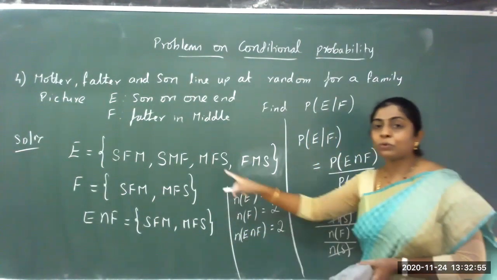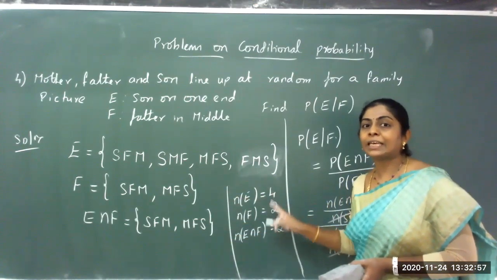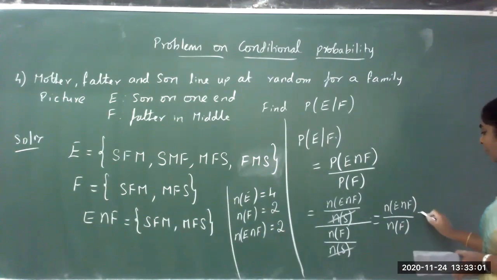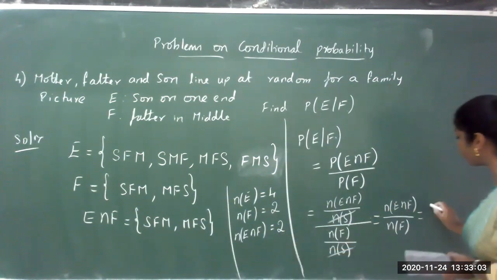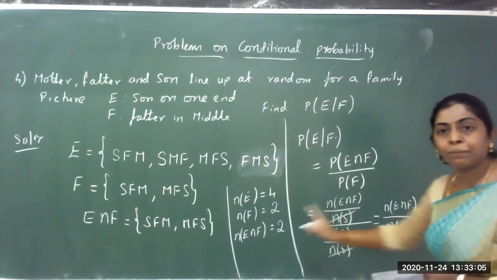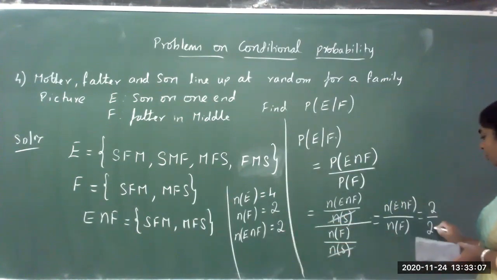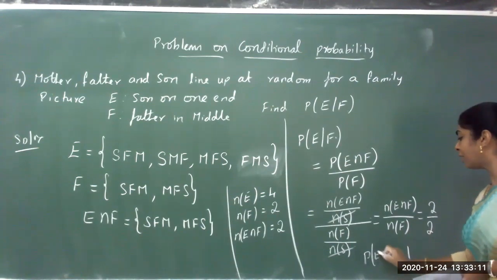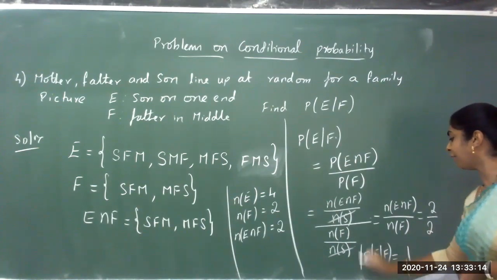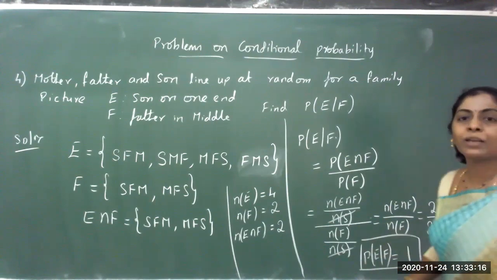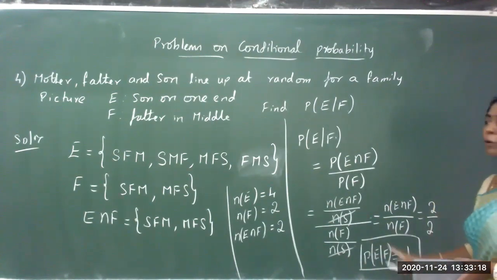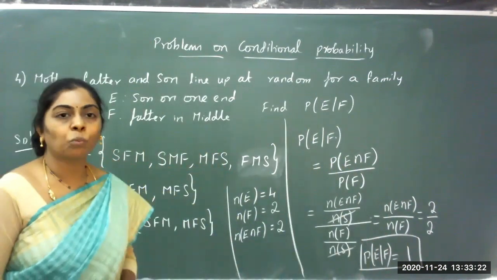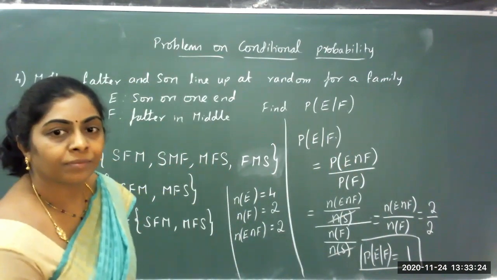So I have already found the number of elements in E, F and E intersection F. Substituting, the number of elements in E intersection F is 2, divided by the number of elements in F, which is 2. The 2 and 2 cancel, giving 1. So the conditional probability of event E when event F has occurred is 1.